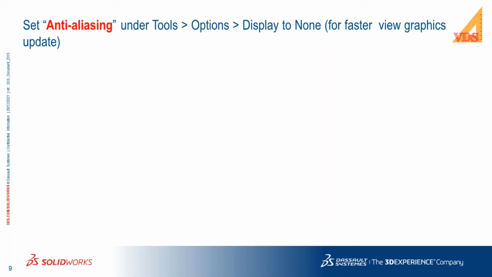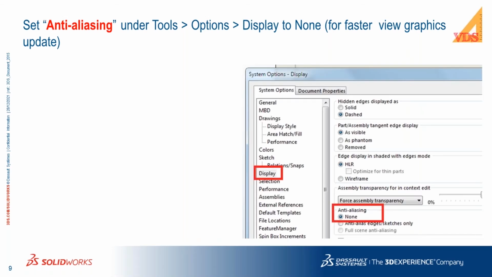But in doing that, it is consuming a lot of graphics in the background. So what is preferable is, unless you want to show the final model to someone or take a quick snap picture to send it to someone, it's always good to set it to none.